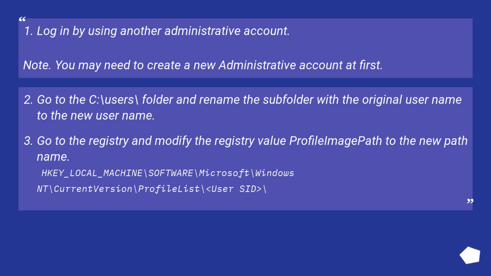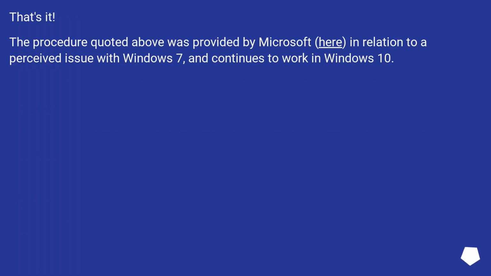HKEY_LOCAL_MACHINE\SOFTWARE\Microsoft\Windows NT\CurrentVersion\ProfileList\user SID. That's it. The procedure quoted above was provided by Microsoft, here, in relation to a perceived issue with Windows 7, and continues to work in Windows 10.